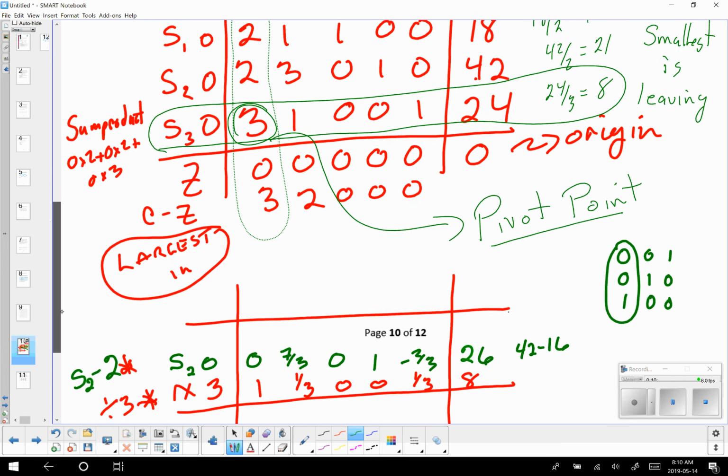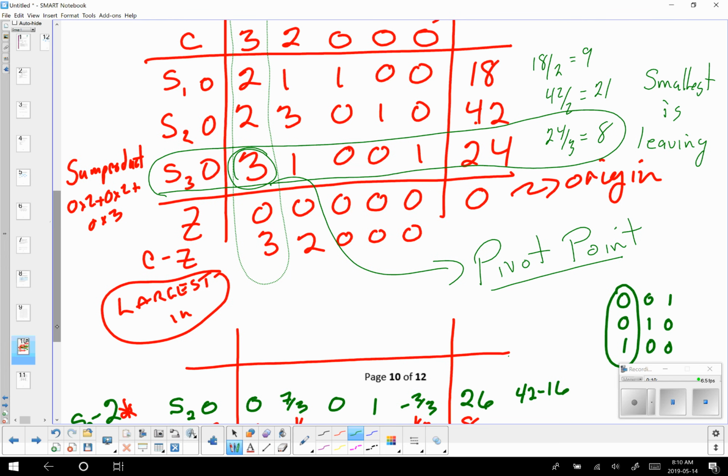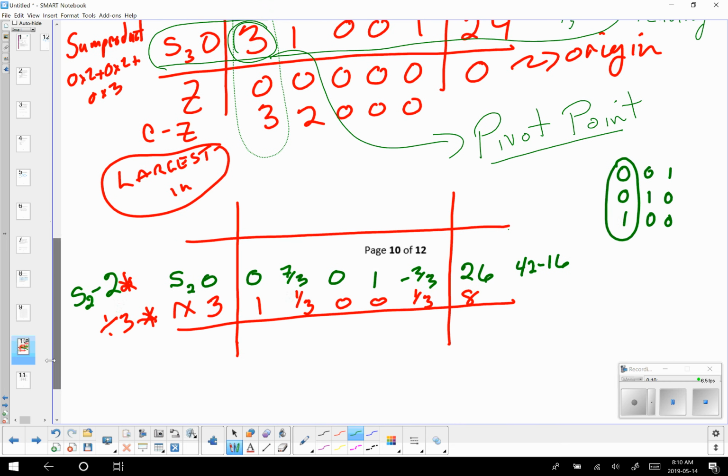So the next one, I also have a 2 there. So this is going to be S1 minus 2 times my special line. S1 is also 0. I hope I can fit it in here.